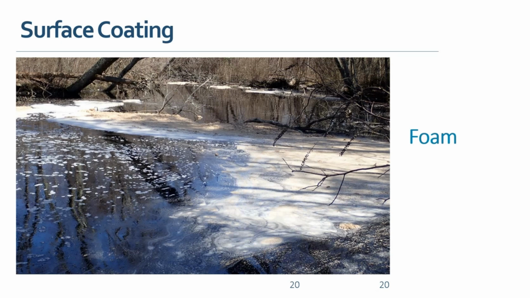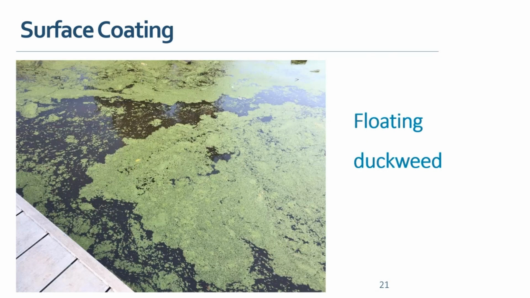But it can also be from things that we put into the environment, like from washing our cars or things like that. Another choice for surface coating is floating duckweed. Duckweed is a small plant. When you look very closely, you can pick it up and it's little leaves with a tiny little root on it. So that's duckweed.